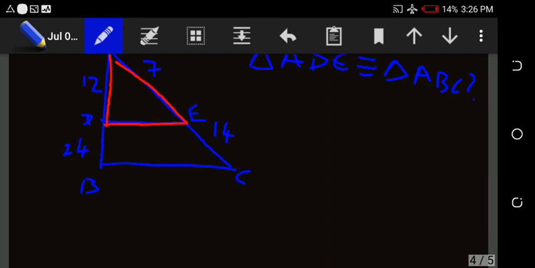All right, now one thing that you want to do is to try to separate the two triangles that you have. So if I do that, we have two triangles.